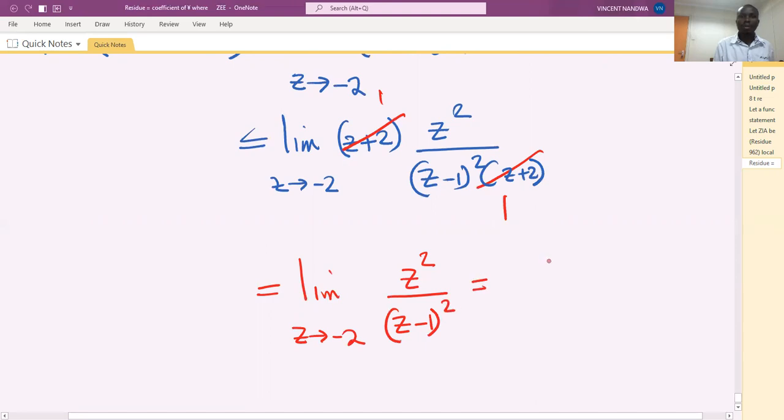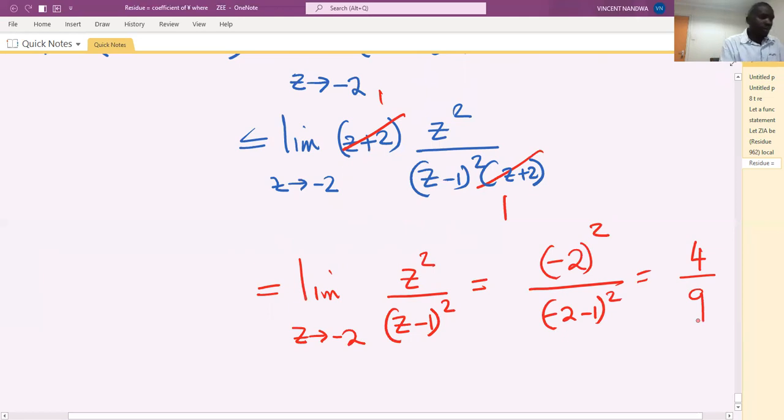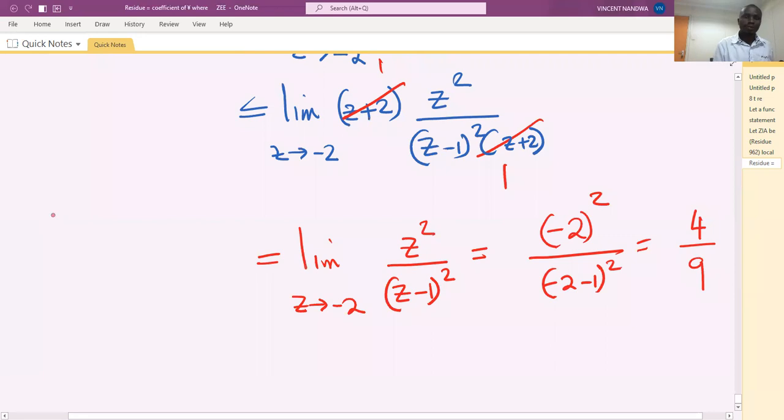By direct substitution, we'll have negative 2 squared over negative 2 minus 1 squared. So this is 4 over 9. So that's the residue at z equals negative 2.